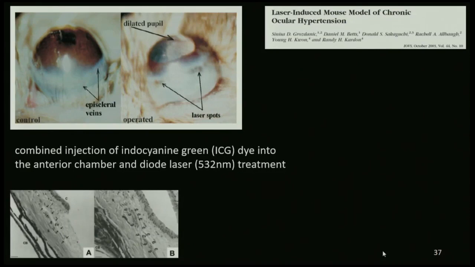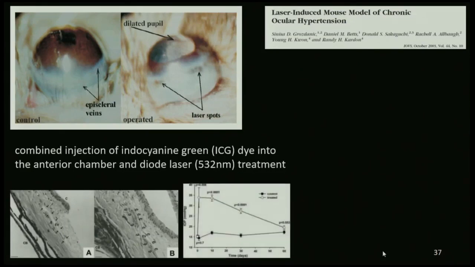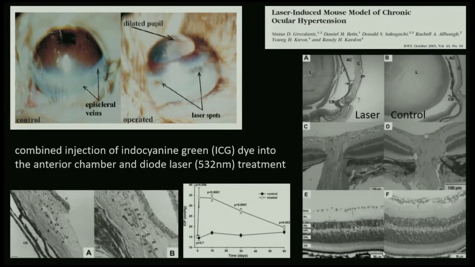And they also were able to show scarring after application of the laser in the episcleral veins. They got IOP elevation that was sustained for at least a couple of months. And they were able to show again that there was some scarring that occurred at the level of the TM, and they had loss of axons and retinal ganglion cells on histology.